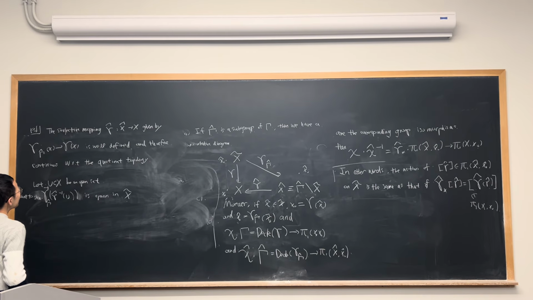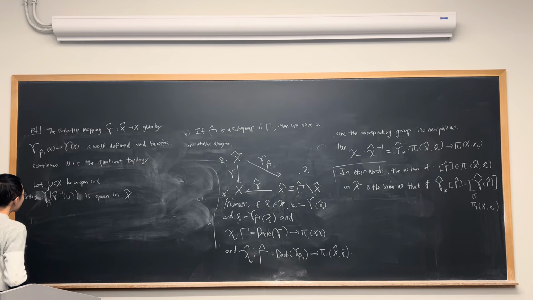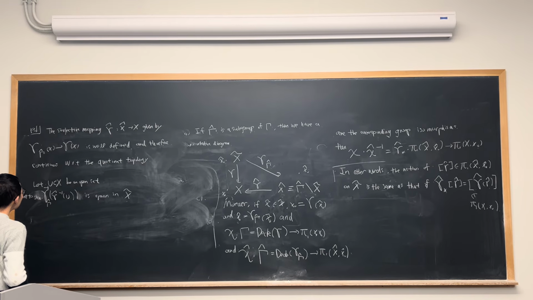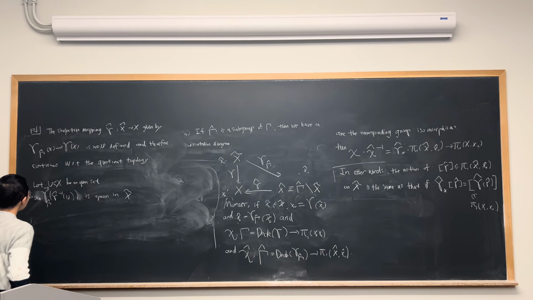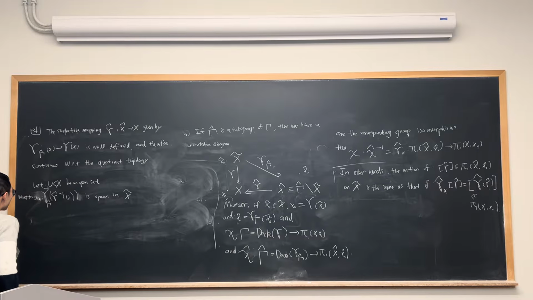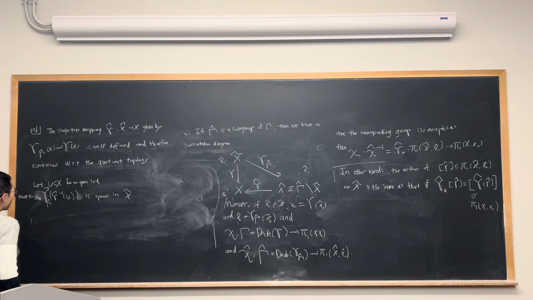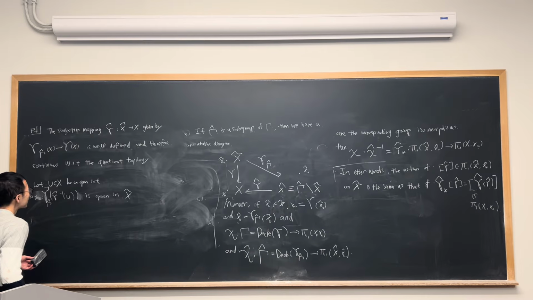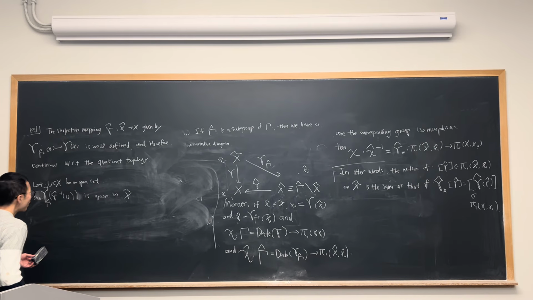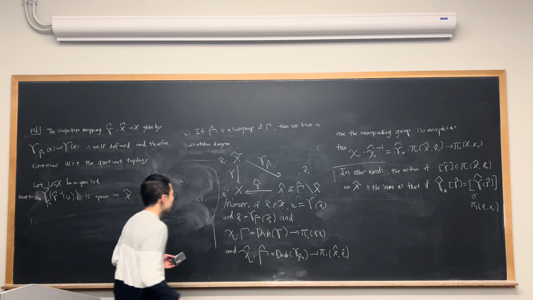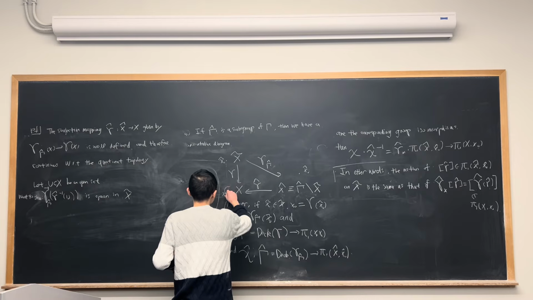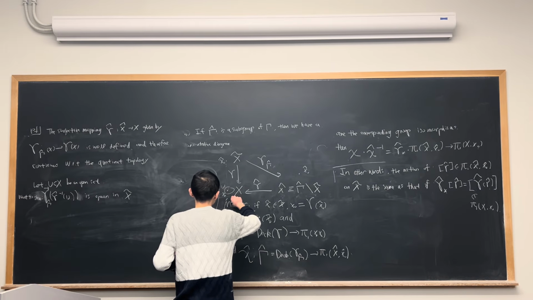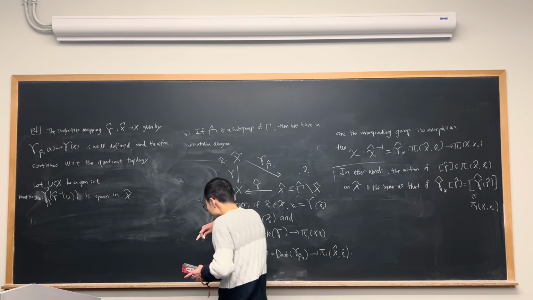What is this set? Let me draw a picture here. This is U, a neighborhood here. You think of this U as an equivalence class.